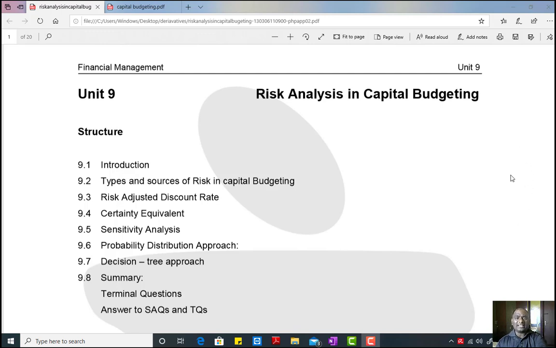Now, as I told you, this semester we are studying risk management and derivatives, which means we will apply a little bit of risk management in capital budgeting decisions. What are the risks involved in capital budgeting decisions?